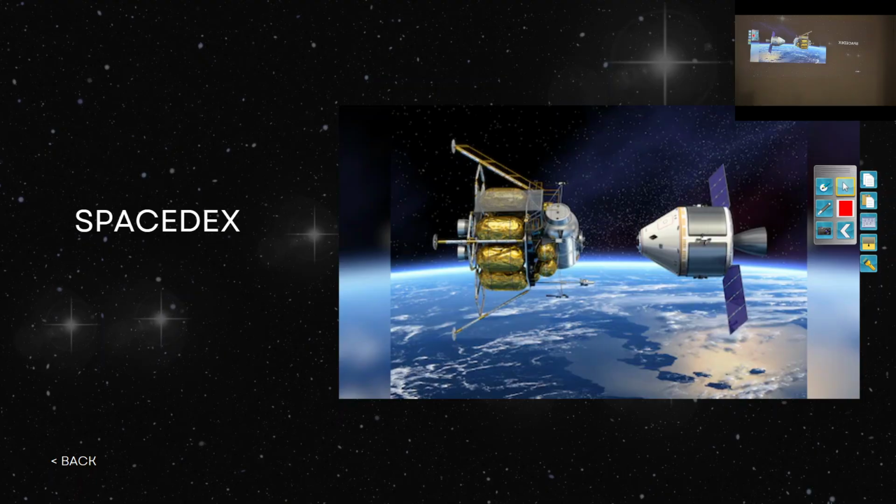The two satellites were brought within a distance of 3 meters from each other in orbit.